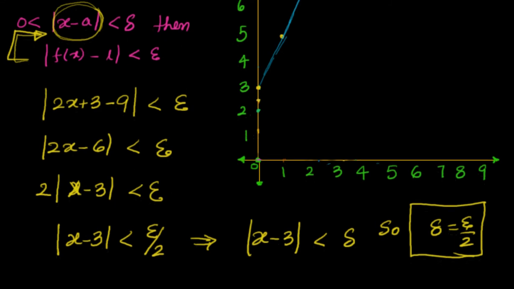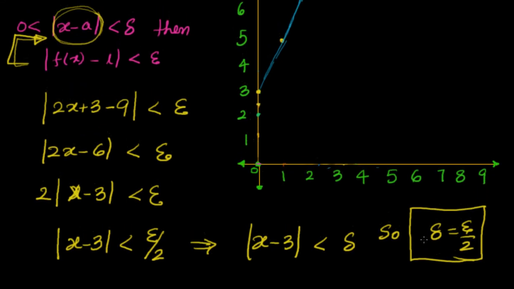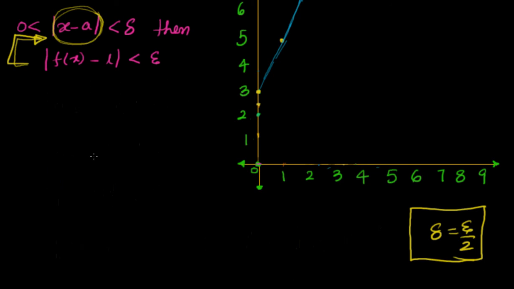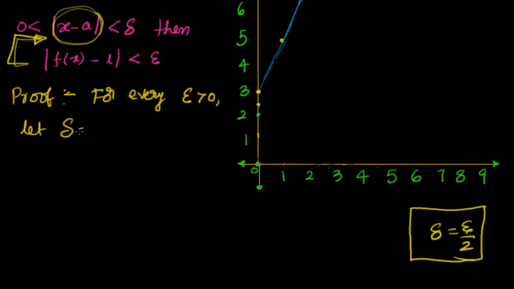Now let's see how we will prove this. So remember this, we got delta equal to epsilon by 2. So our proof starts now. I will say proof: for every epsilon greater than 0, let delta equal to epsilon by 2.